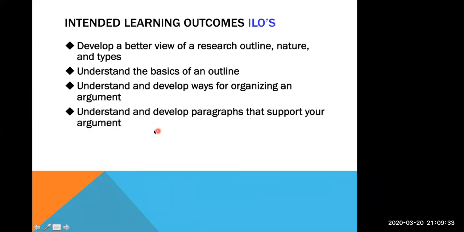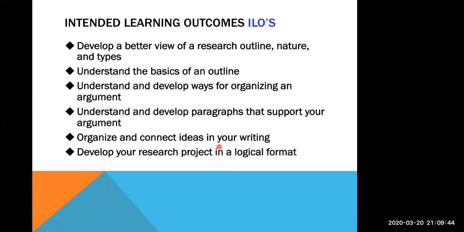And also, you'll be able to develop paragraphs that support your argument and organize and connect ideas in your writing. And the last one, develop your research project in a logical and systematic format. These are the major intended learning outcomes that help you to develop a better view by the end of this session.